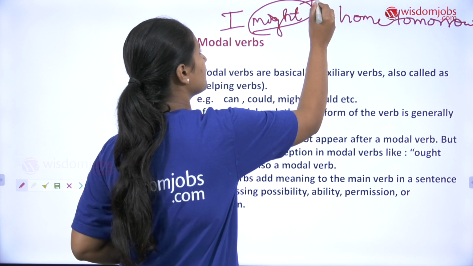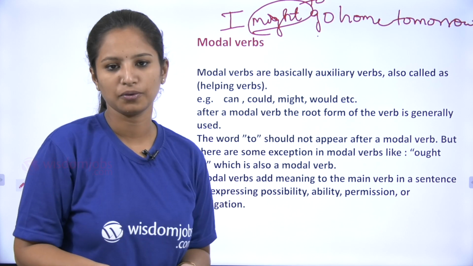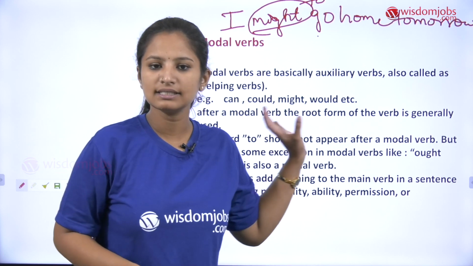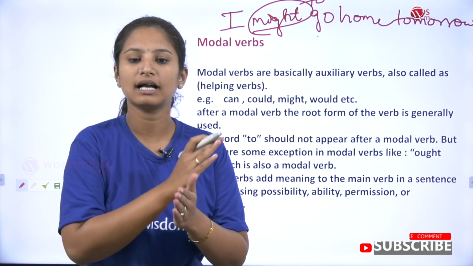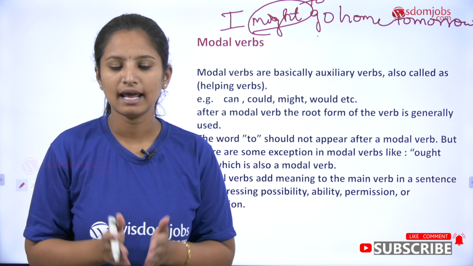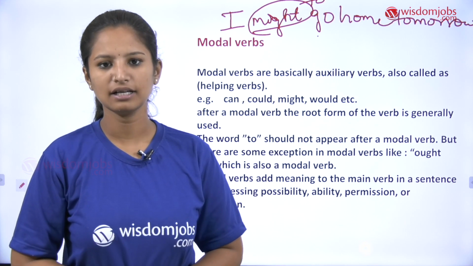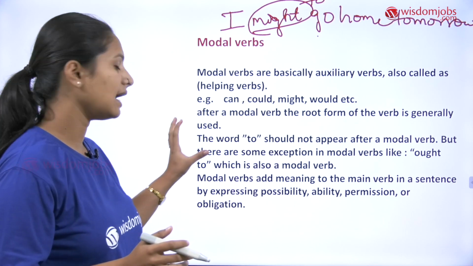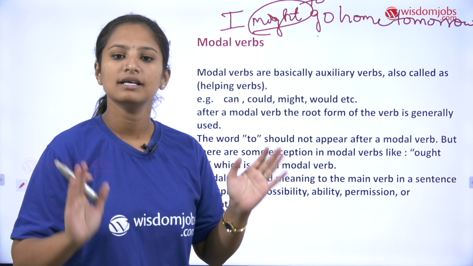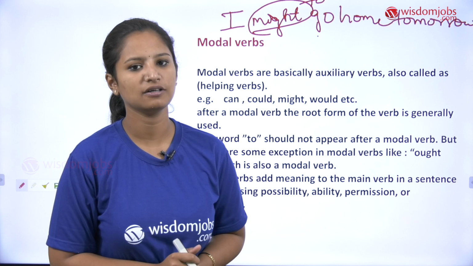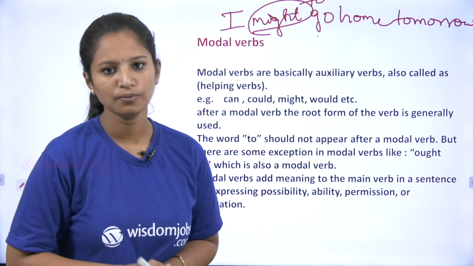For example, I might to go home tomorrow. Adding to after a modal verb will change the complete sentence and it's a big error in English grammar. But there are also some exception cases where one or two modal verbs do join to after them.